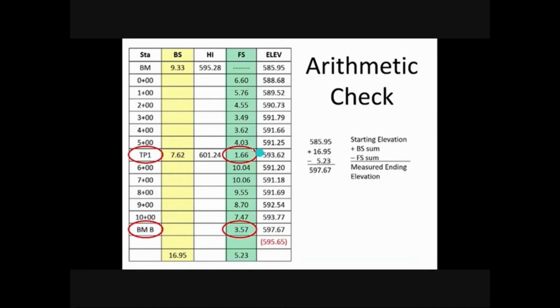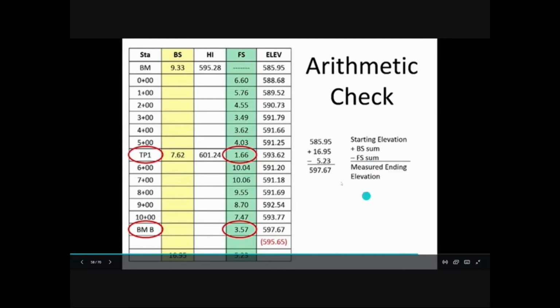So to continue, or for better understanding, to get the total backside value, we have to add the backside values that we made from the benchmarks and turning points. And for the total foresight, we are only interested in the values of the turning points and the benchmarks.